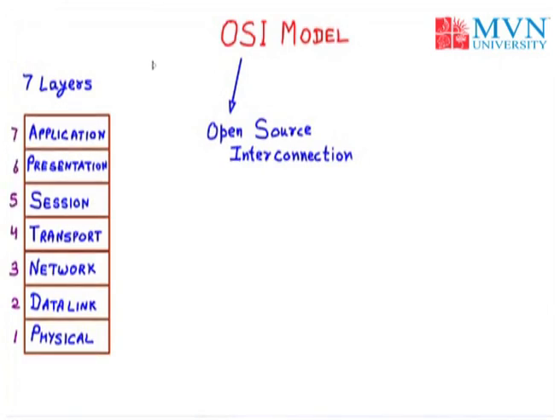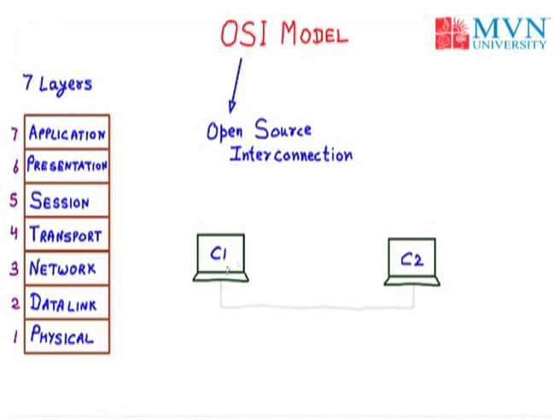So to understand the role of the OSI model in our daily life, let us take the example of two computers. I am naming them C1 and C2. Now suppose these computers are connected with each other with some particular wire, or coaxial cable, or maybe a fiber optics cable, and we have two users interacting with system number 1 and 2.